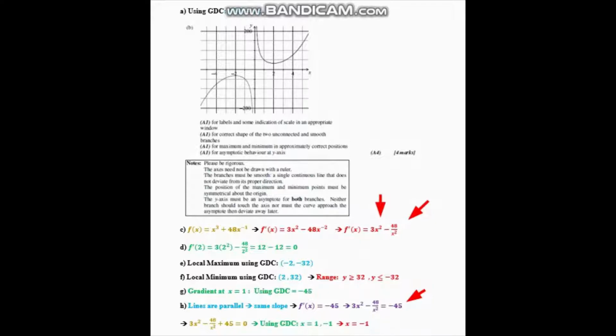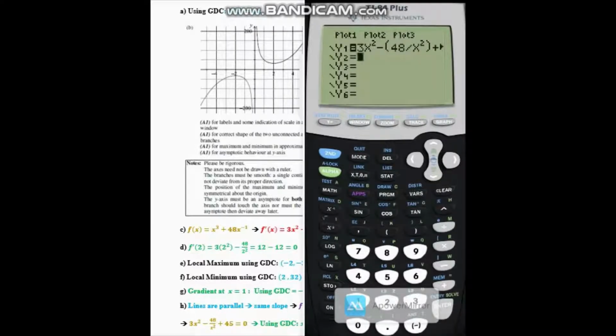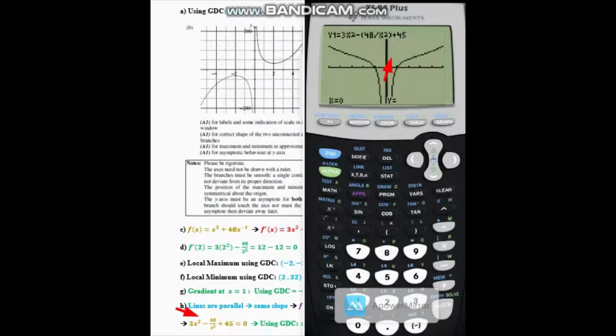So what I've done here is I've taken the negative 45 to the other side and it became positive, and I can write this equation down on the GDC and attempt to solve. So I've written the equation on the GDC, and here is what the graph looks like. I want to find the solutions of this equation, which is equal to 0.